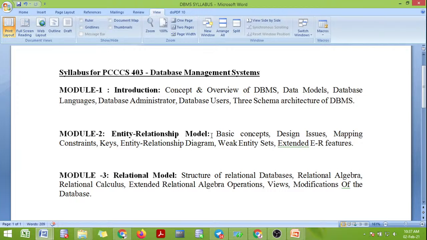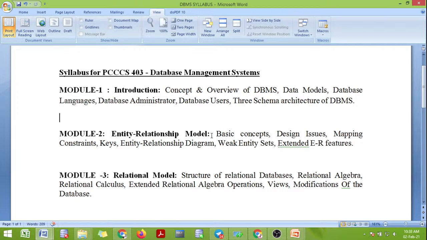You need some link up procedure. So whenever you are creating or handling a number of databases, you need some kind of linking procedure, and this linking procedural information was given by the entity relationship model.